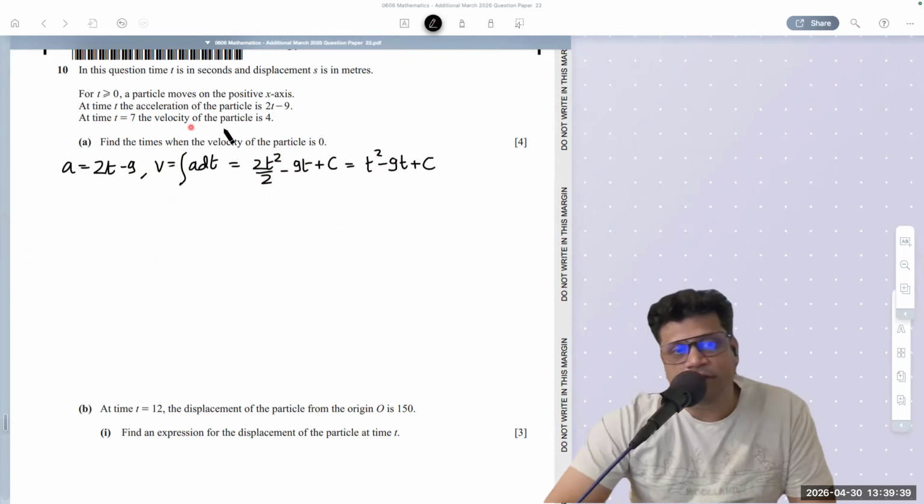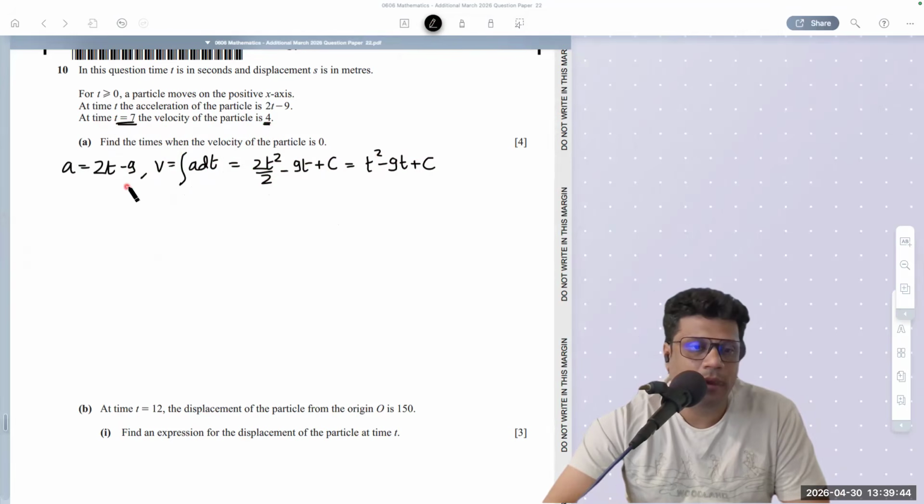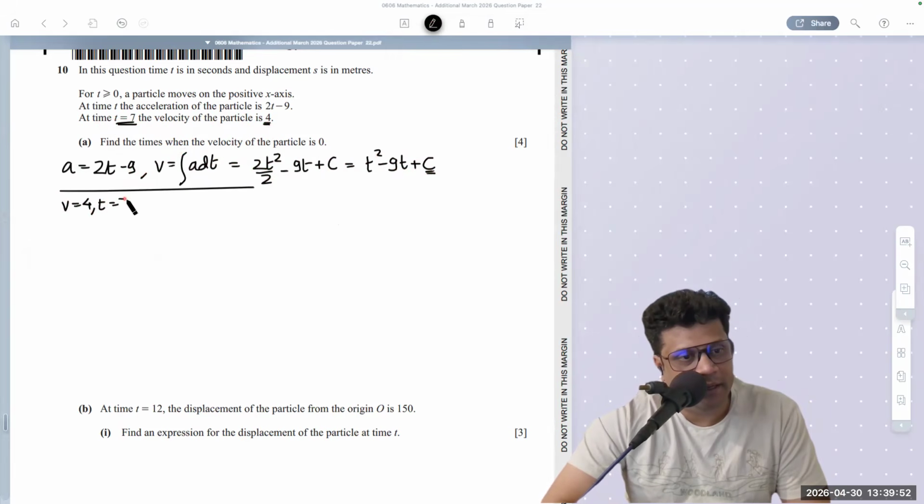They say that velocity is 4 when time is 7. Well, I'm going to use that to find out the value of c. Velocity is 4 when time is 7. This implies that 4 equals 7 square minus 9 into 7 plus c.